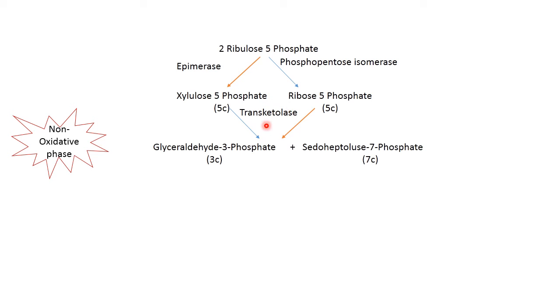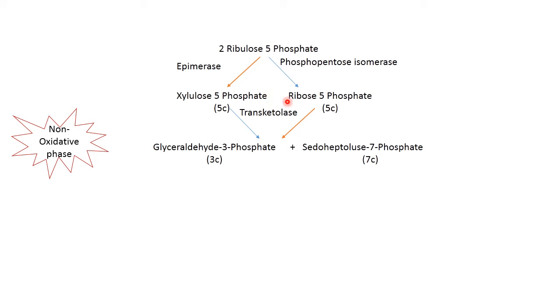The enzyme required for this reaction is transketolase. Transketolase requires thiamine pyrophosphate as the coenzyme, and the estimation of erythrocyte or RBC transketolase activity is a surrogate marker for the assessment of vitamin B1 status in an individual.